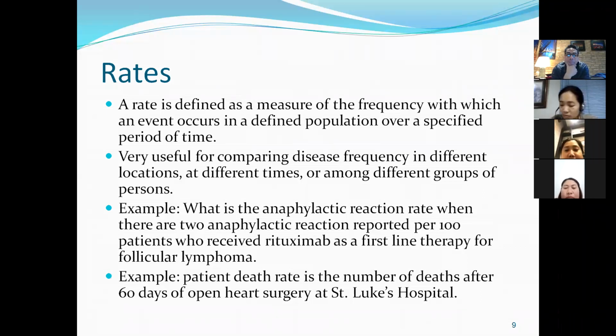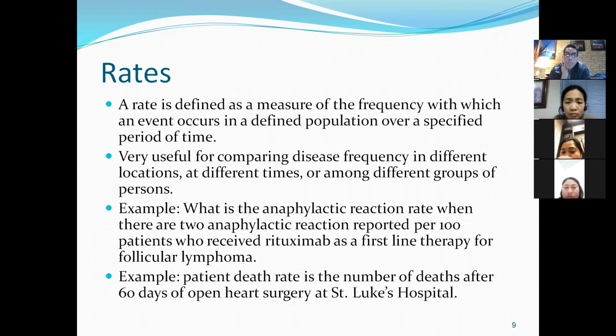The second example there is patient death rate, the number of deaths after 60 days of open heart surgery at St. Luke's Hospital. So we know that open heart surgeries are very complicated procedures, and one of the benchmarks of the success of an open heart surgical program is usually survival after 60 days.